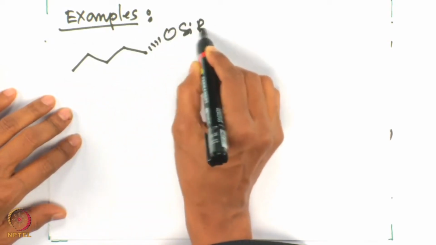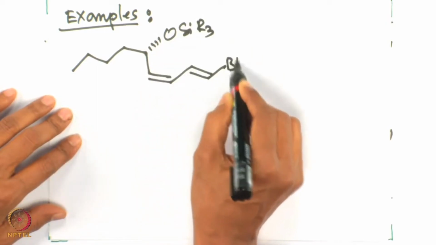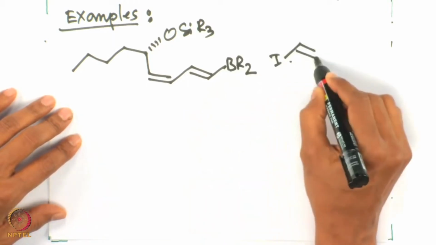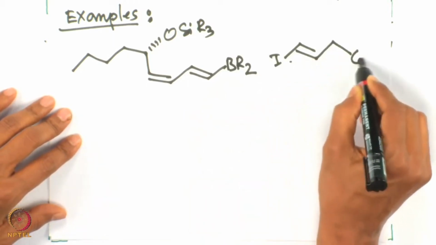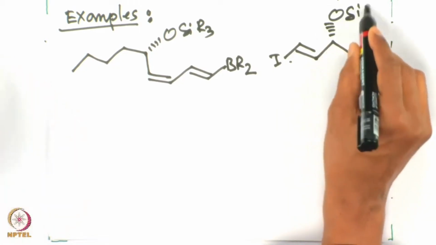We have, let us say, a protected alcohol and boron reagent, and we have this alkenyl halide, for example, over here, to give you these.